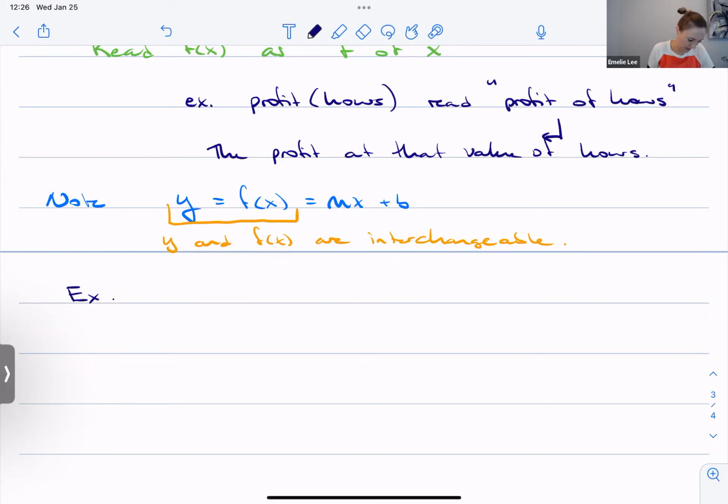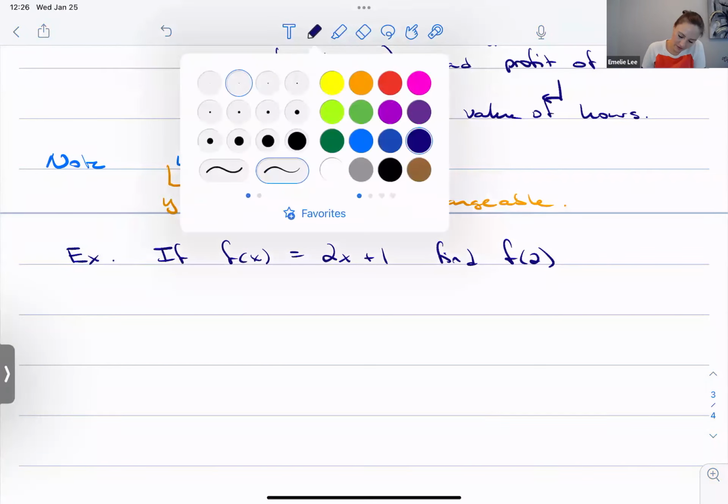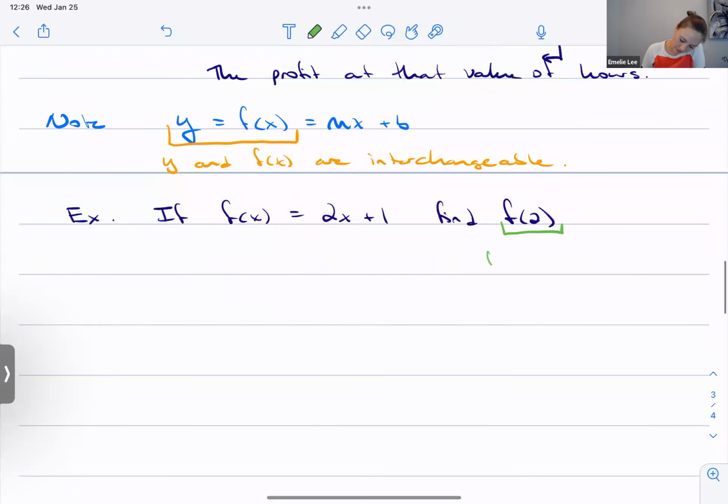Let's do a quick example. If f of x is 2x plus 1, find f of 2. Fair enough. I want to use x equals 2, so find f of x when x equals 2.